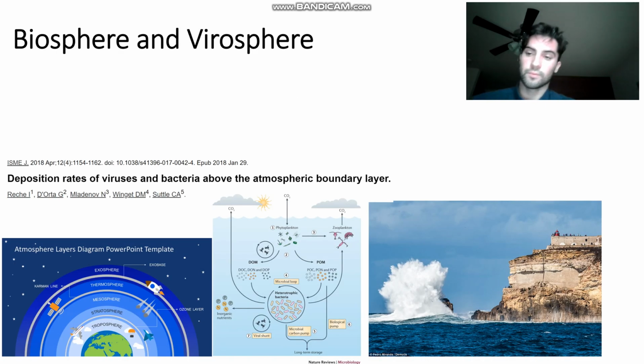Okay, so we looked at the biosphere, and previously we talked about the virosphere as well. We know that there are a lot of viruses in the ocean that are constantly replicating with the bacteria.